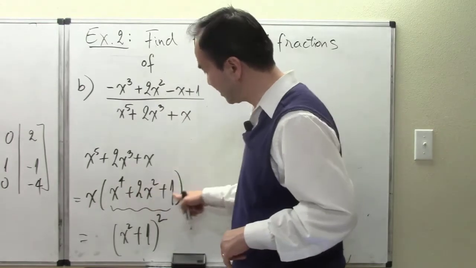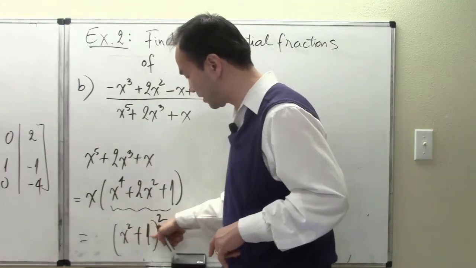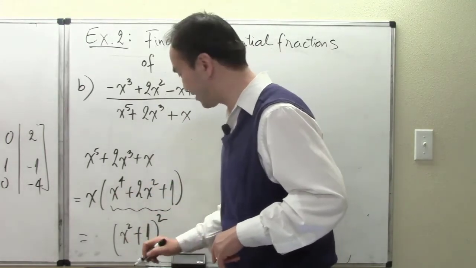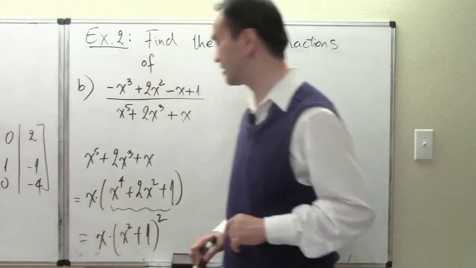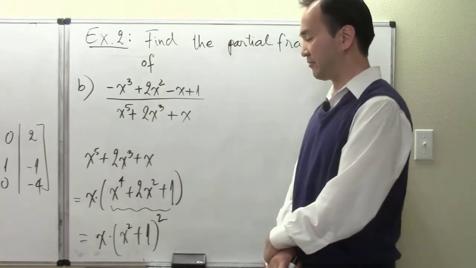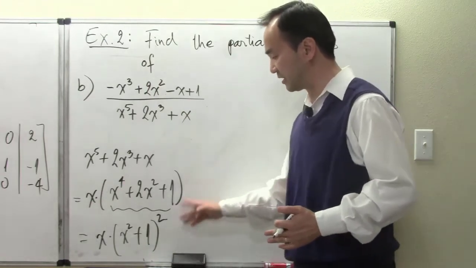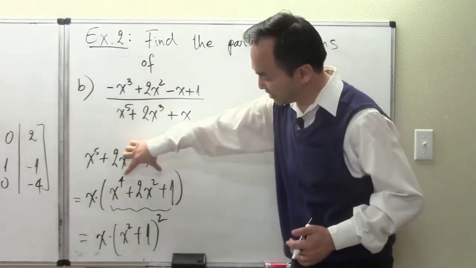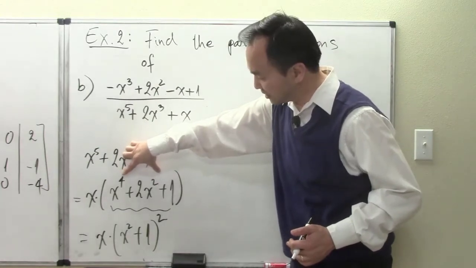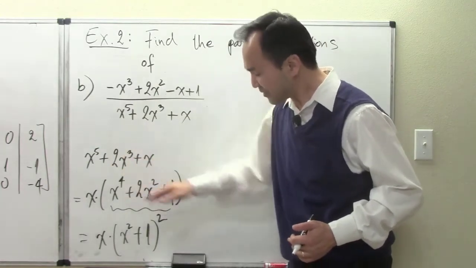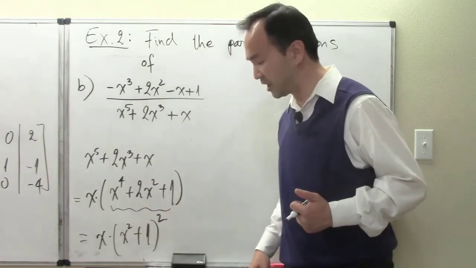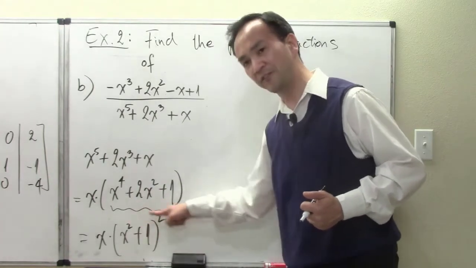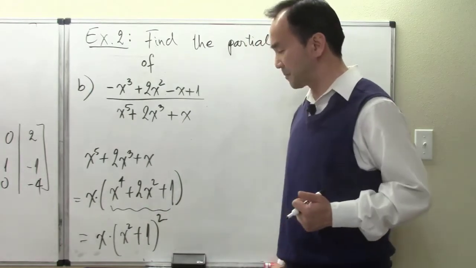So it's a perfect square that came out from x squared plus 1, perfectly squared, and the remaining factor in front is x. If anyone is feeling unsure about the step of how I factored this x to the 4th, this quartic polynomial, into this perfect square, then if you are a student of mine studying with me, you can find a way to clarify that with me through a face-to-face meeting.